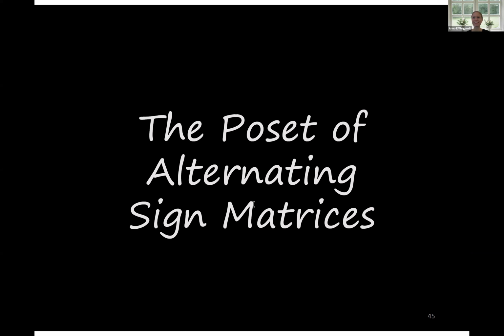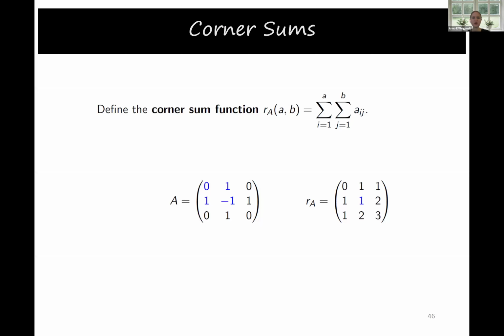So that was one way that bumpless pipe dreams, or in particular ASMs, were hiding in Schubert calculus world, and had been hiding there since 2002. Another way that they're important is they have this tie to something called the Bruhat order on the symmetric group. We can take alternating sign matrices and give them a poset structure.